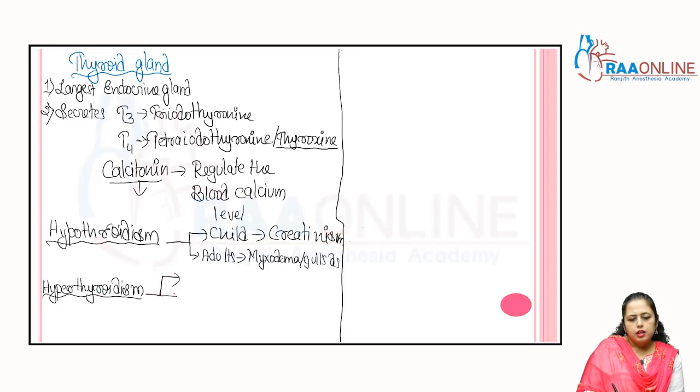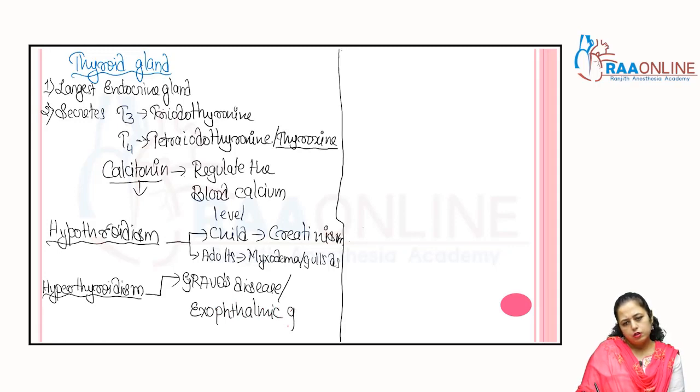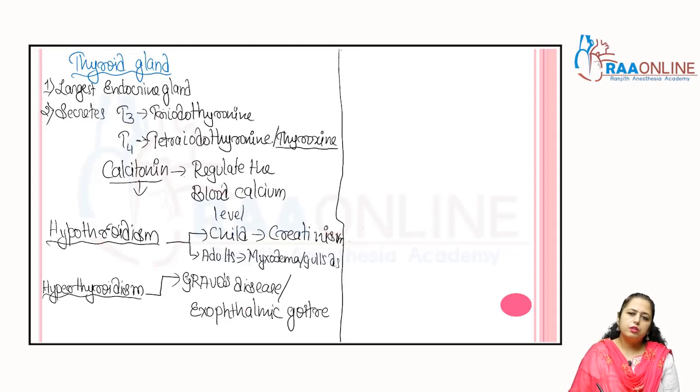It is called Graves' disease in case of adults, which is also known as exophthalmic goiter, clear?